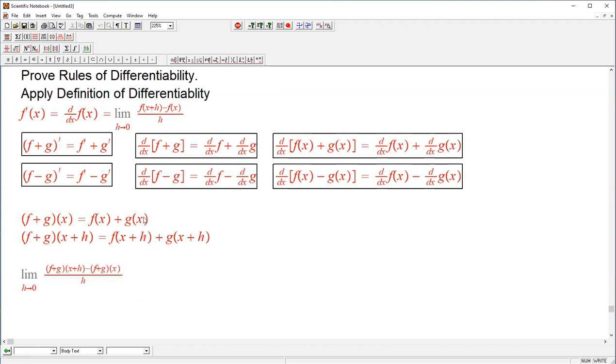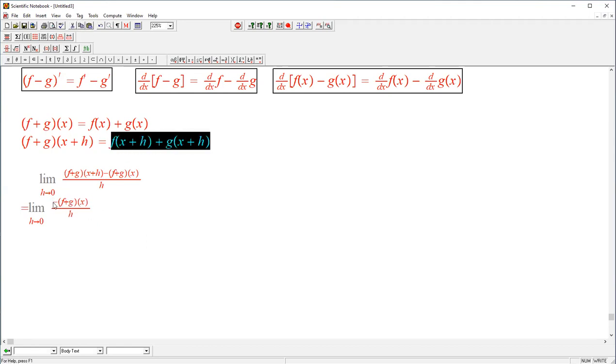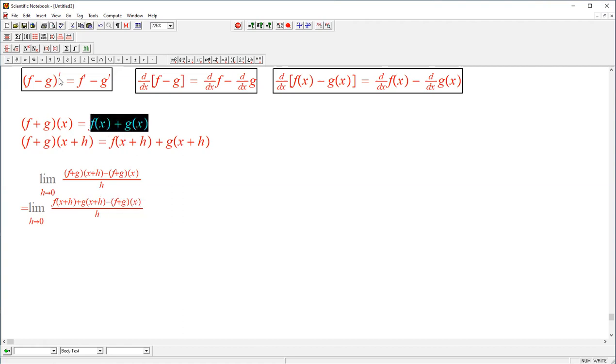The next step, of course, is applying the definition step by step. You can pause and do your own anytime you wish. Now we're going to substitute this piece by its equal, and that piece by its equal.